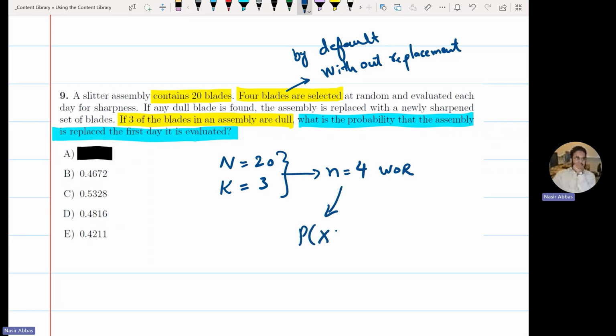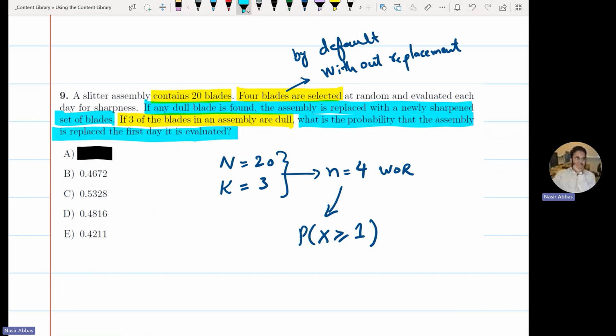So that means you're trying to find the probability of X is more than or equal to 1, because if you find any dull blade, according to the information, the assembly is going to be replaced. So they are asking us to find the probability that the assembly is replaced on the first day.